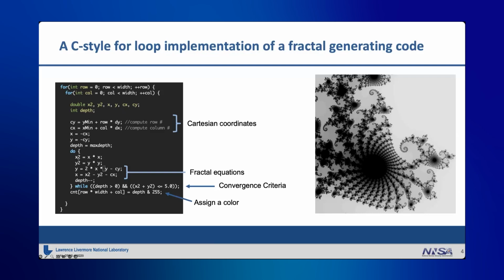Here you have your equation that you're constantly feeding the solution to. You have an initial value, you feed it into the equation, keep feeding the result into that equation until some convergence criteria is met. That can be a number of iterations, or the result of the solution. And then you assign a color.